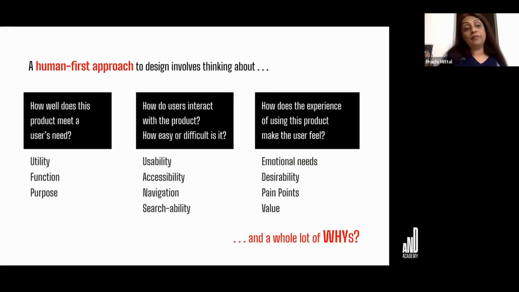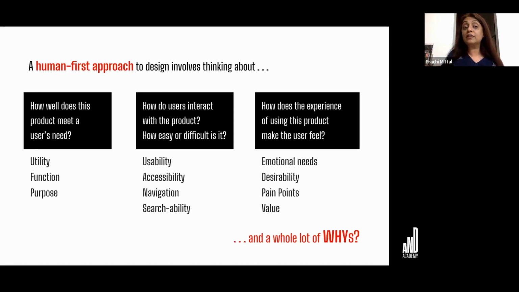And what does it involve? It involves understanding how well this product meets the user's need, which means the utility or the function. So in case of an air conditioner, it should cool down as per my need. I should be able to adjust the temperature. I should be able to do 3, 4 other things, whatever I want to do. How does the user interact with the product?